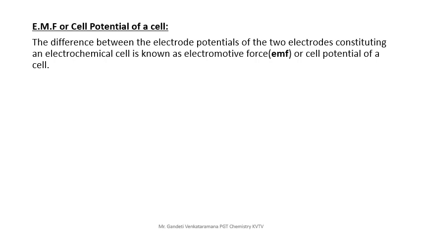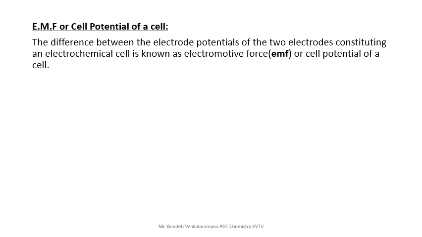Each half cell consists of an electrode. Clear? So now we are taking those two electrodes into consideration. Electrode potential arises at the first electrode and the second electrode also.